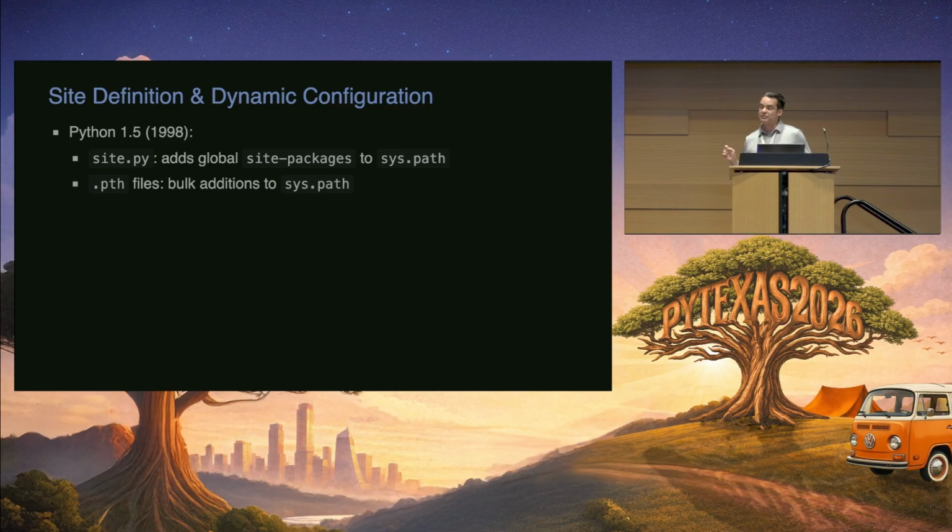A curious addition was the introduction of these .pth files. These .pth files were just text files, but would allow bulk additions to the search path of sys.path. So if you wanted Python to find packages elsewhere, you could put those paths in a .pth file in your site-packages, and then Python would automatically add those paths to the search path.